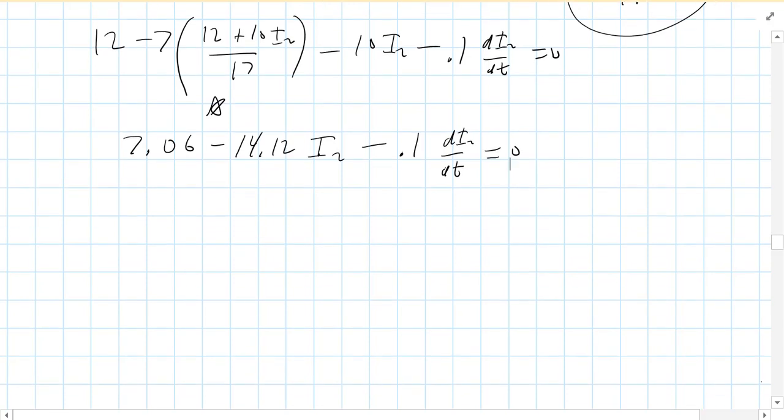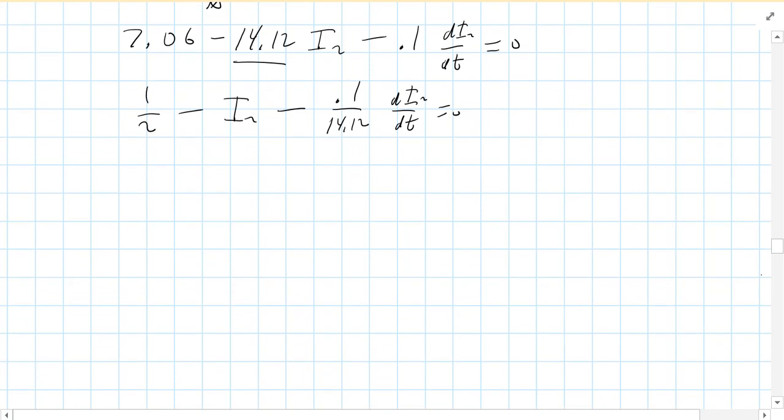And I will now divide everything by 14.12 to get I2 without a coefficient in front. So the first term is, hello, it's a half, minus I2. Now, I'm going to rewrite this as minus 0.1 over 14.12 di2/dt, and that equals 0. I'm writing it that way for a reason.